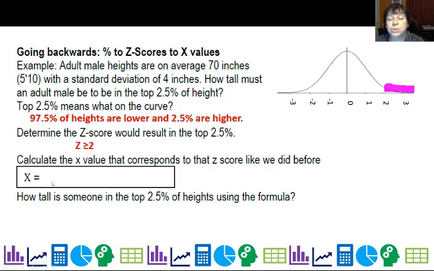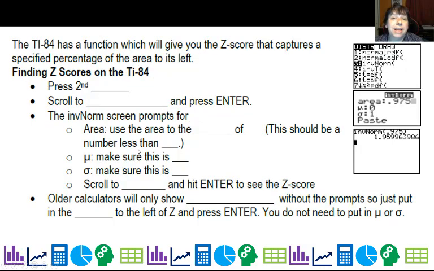Then I can use the formula from our prior set of notes: x equals the mean plus z times the standard deviation. In this case, the top 2.5% of heights would be 2 times 4, which is 8, plus 70, which is 78.